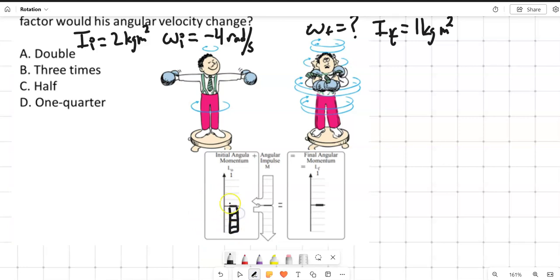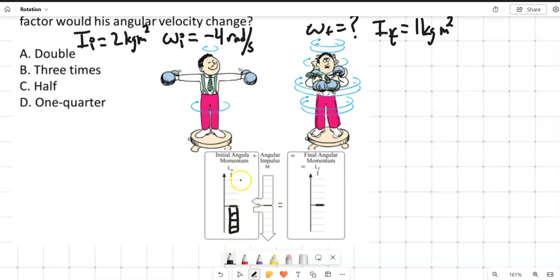By the calculation, these 4 boxes is approximately equal to 8 kilogram meter squared per second. So that means one box represents 2 kilogram meter squared per second.